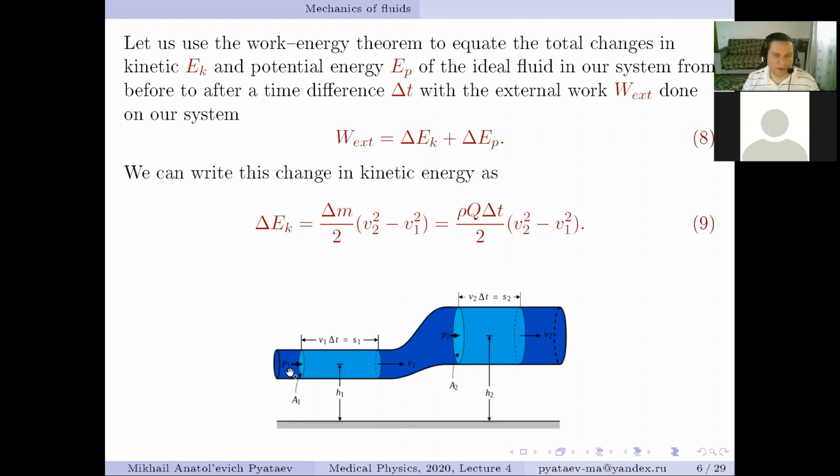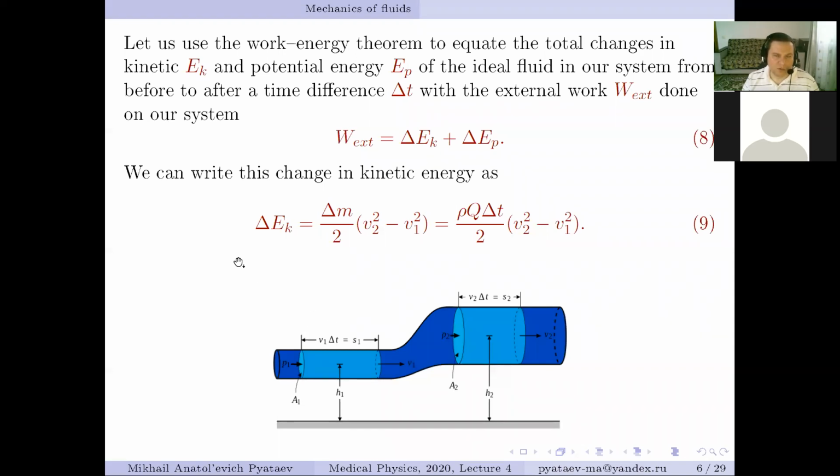So we can find its work directly by multiplying force by distance, or force by displacement. Force can be found by multiplying P by A, because P is the ratio of force to area. So we know the force in this place, we know the force in that place, and we are able to find the work done by these forces.